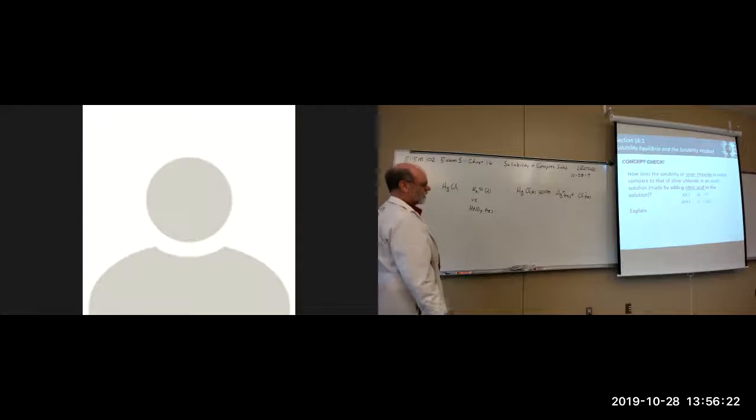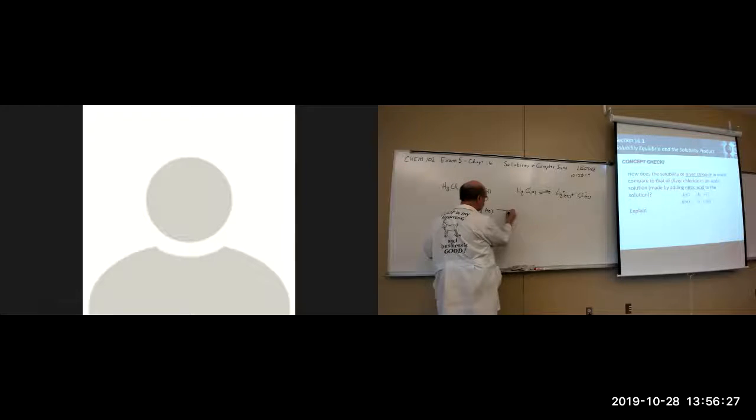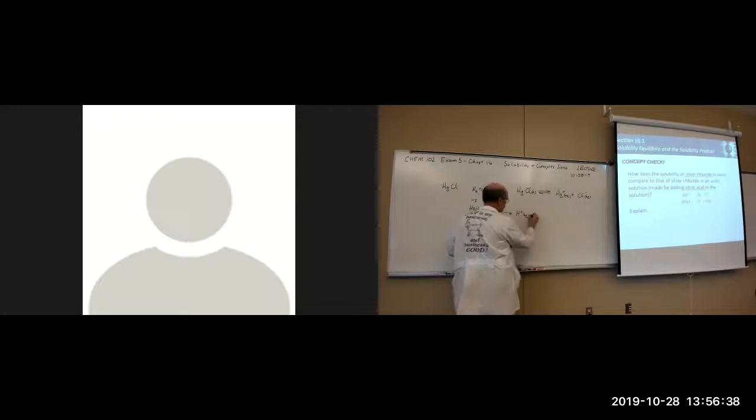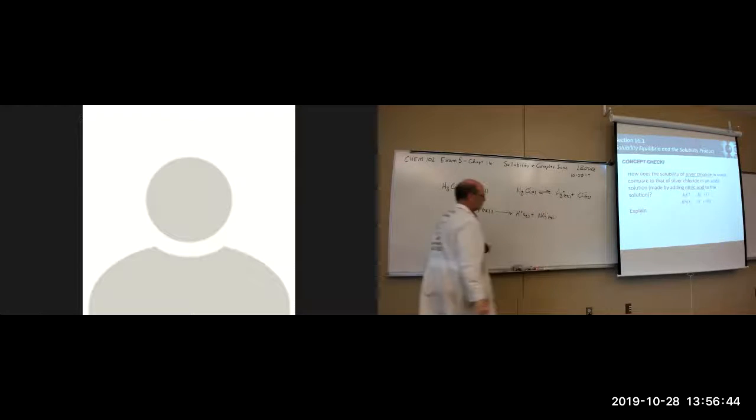Okay, so what happens to nitric acid? What does it look like in solution? Well, actually, nitric acid is a strong acid, so we really only need it this way. So it's going to produce this one and this one, right?